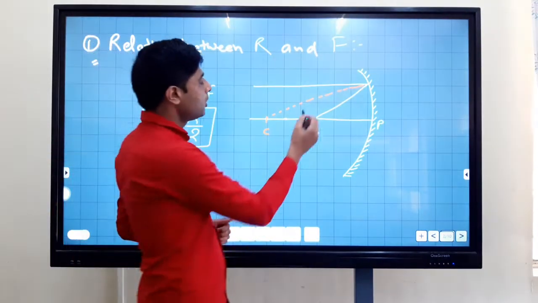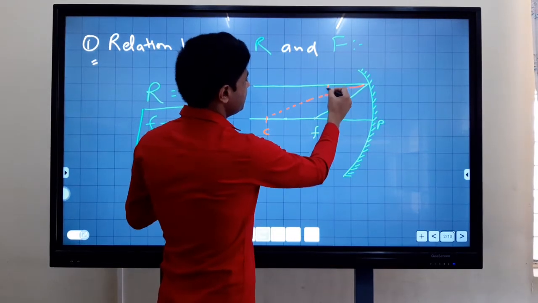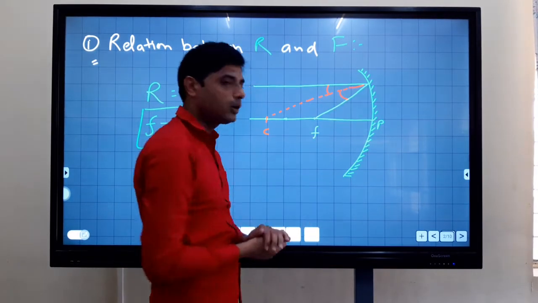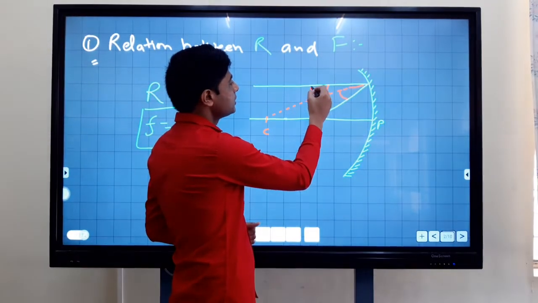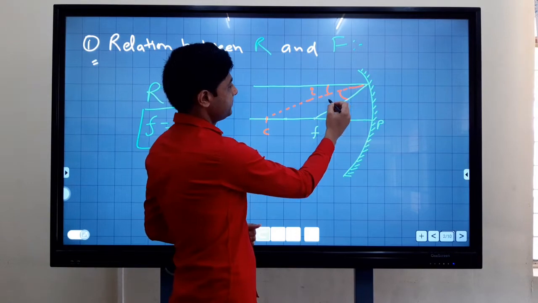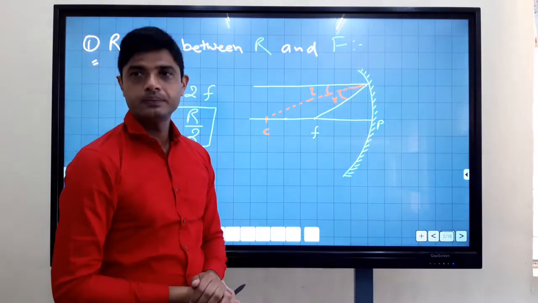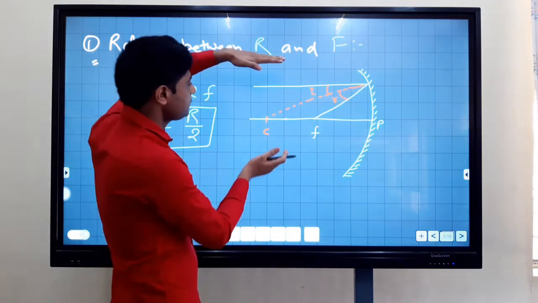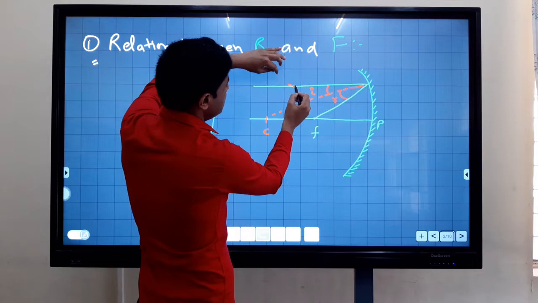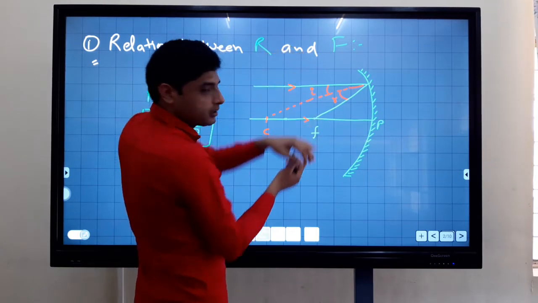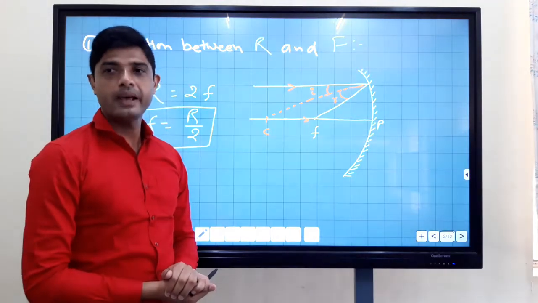Or as you know, according to the first rule of reflection, angle of incidence is equal to angle of reflection. As you can see, this line is parallel to this line. This is the ray of light and this is the principal axis.